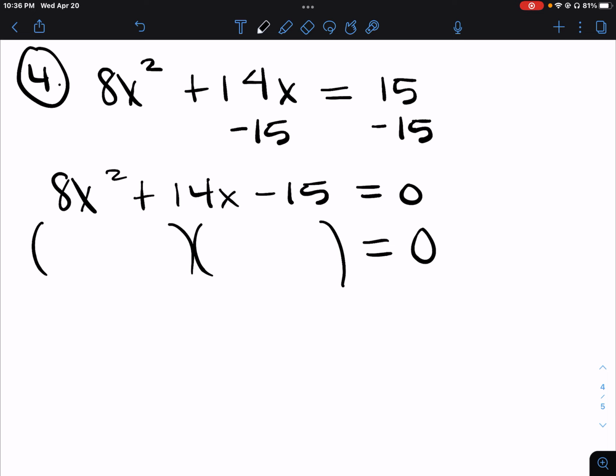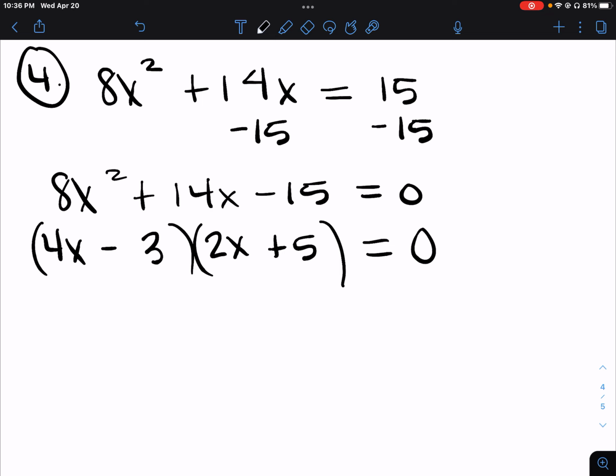8x squared could be 8 times 1 or 4 times 2. So let's try 4x minus 3 and 2x plus 5.